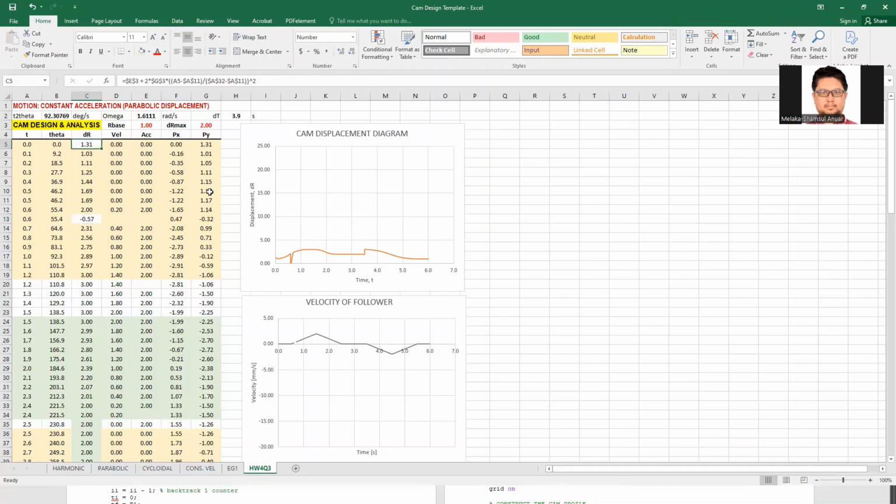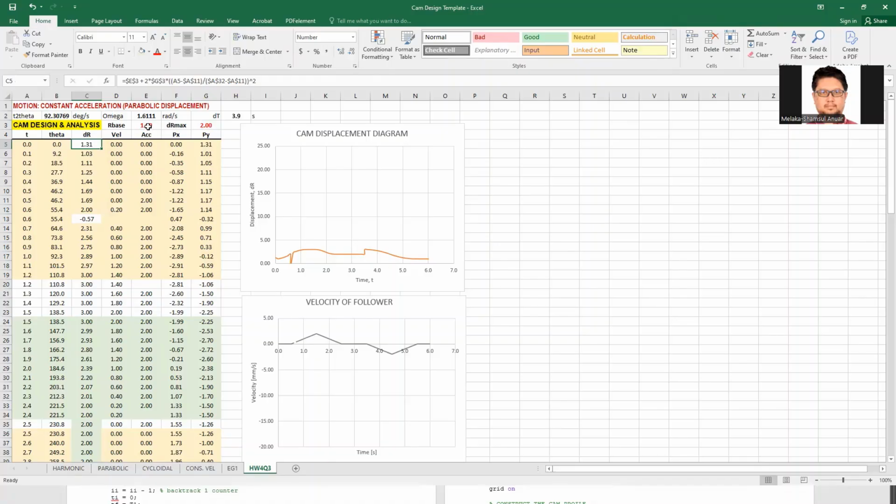So let's see what we need to change. So this one will be the HO, which is supposed to start from the radius of the base, which is 1. So we start with there's a base circle. So that base circle has a radius of 1 inch.